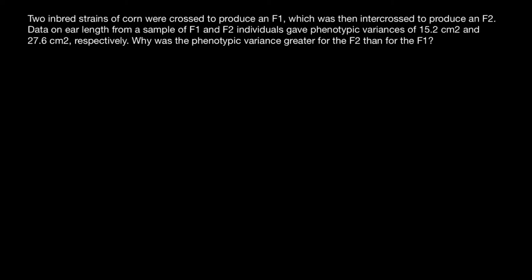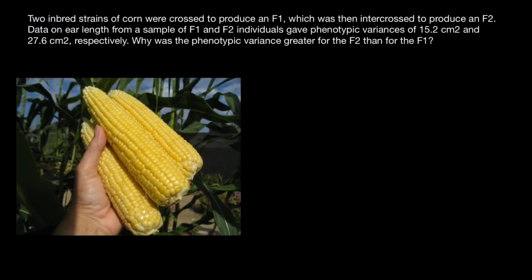So take a look at this picture. This is corn ears. This is exactly where kernels are, the edible part of the corn. We are told that we took two inbred lines. What does it mean? From a genetic point of view, that means that for every locus, this plant would have the same alleles.